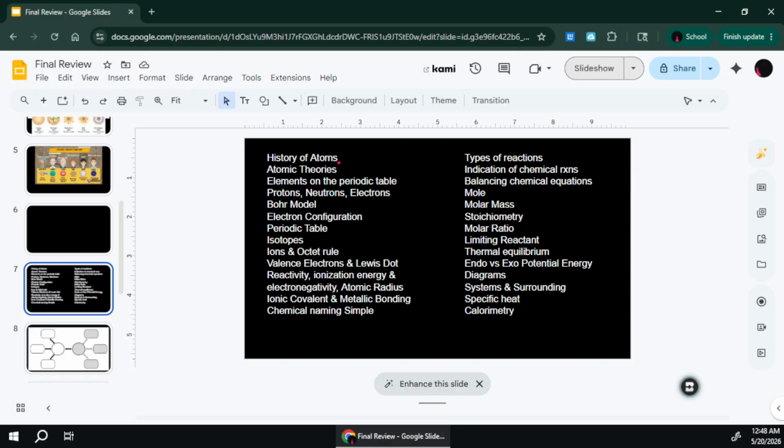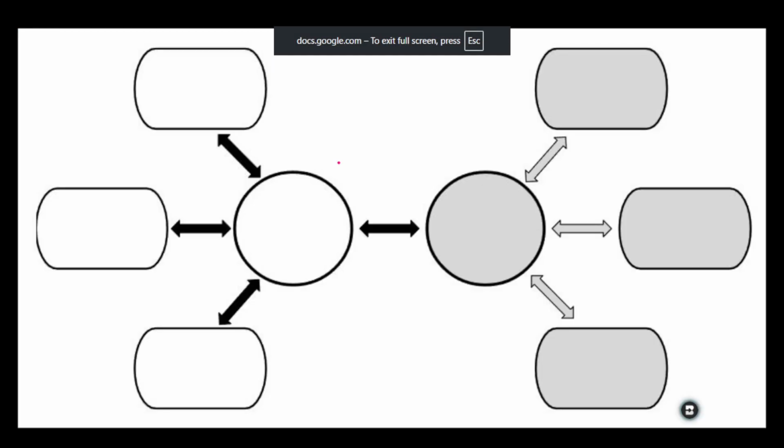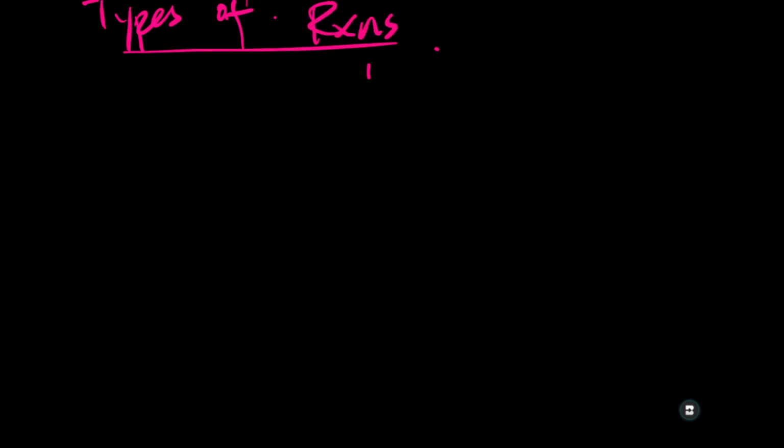In this unit, we cover the different types of reactions.